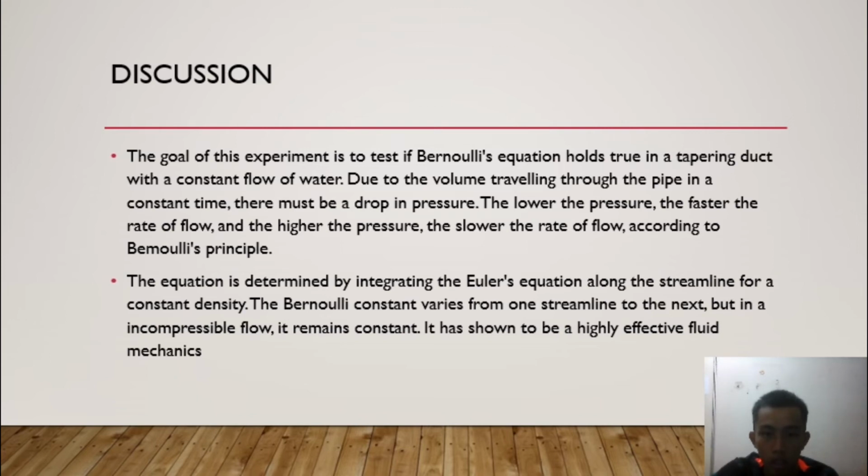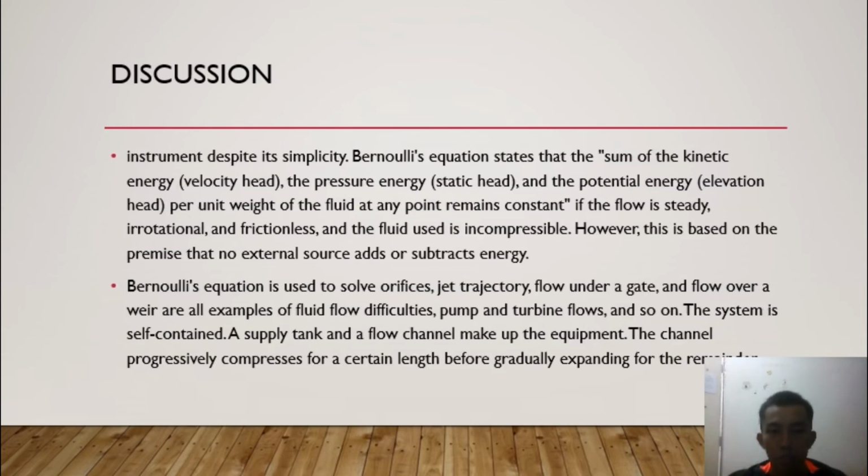The equation is determined by integrating Euler's equation along the streamline for a constant density. The Bernoulli constant varies from one streamline to the next. For an incompressible flow, it remains constant. It has been shown to be a highly effective fluid mechanics instrument despite its simplicity.